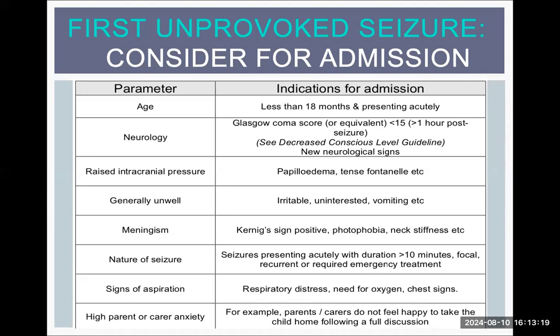And then the nature of the seizure itself, if it is presenting acutely with a duration of more than 10 minutes, or 5 minutes now as per the latest status epilepticus protocol, if it is focal or recurrent or required emergency treatment. And if there are any signs of aspiration in terms of respiratory distress or the need of oxygen, or if there is a high parental or carer anxiety, like the parents are really anxious and unhappy to go home.